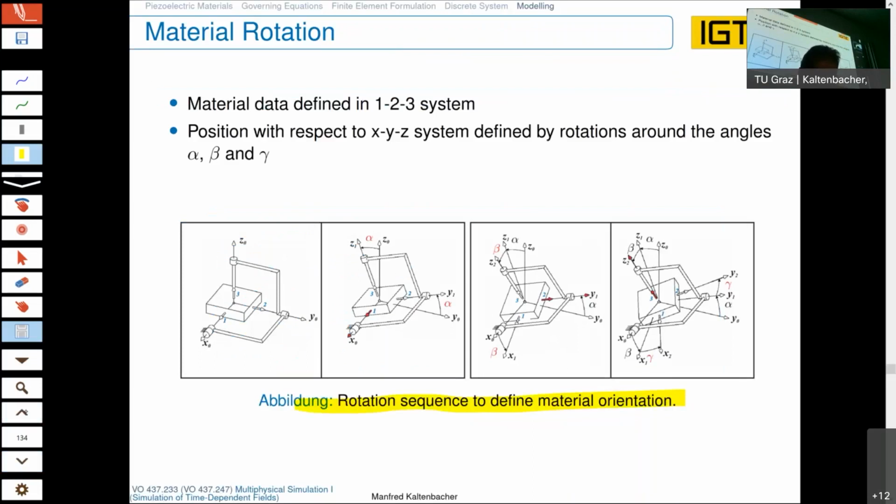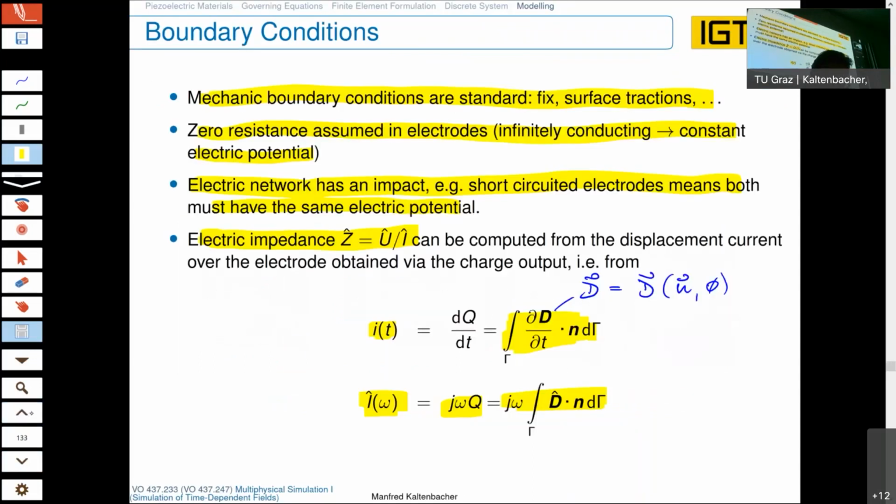We use an extended constitutive equation which relates the electrical and the mechanical physical quantities, and come at the end to our weak formulation and the algebraic system of equations, where we also have to discretize in time, where we use the classical Newmark method. Okay, are there any questions so far on this model approach for piezoelectric sensors or actuators?